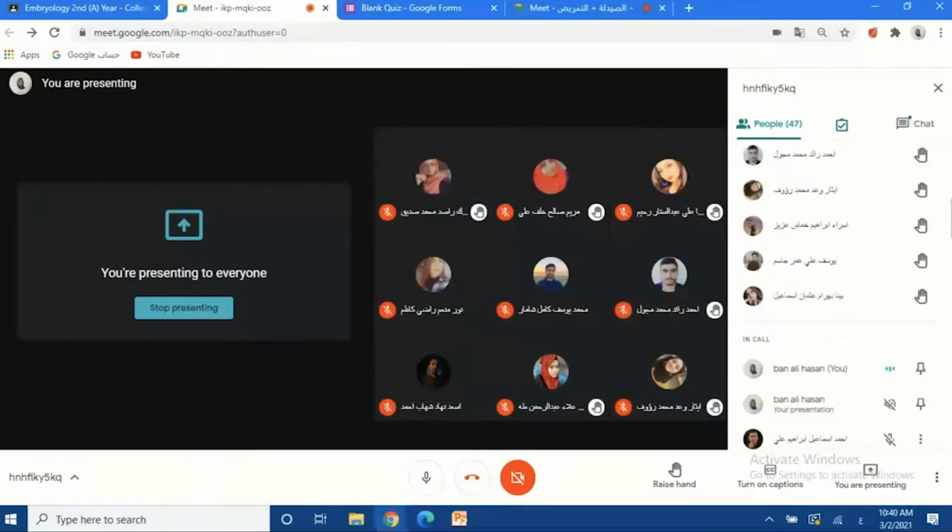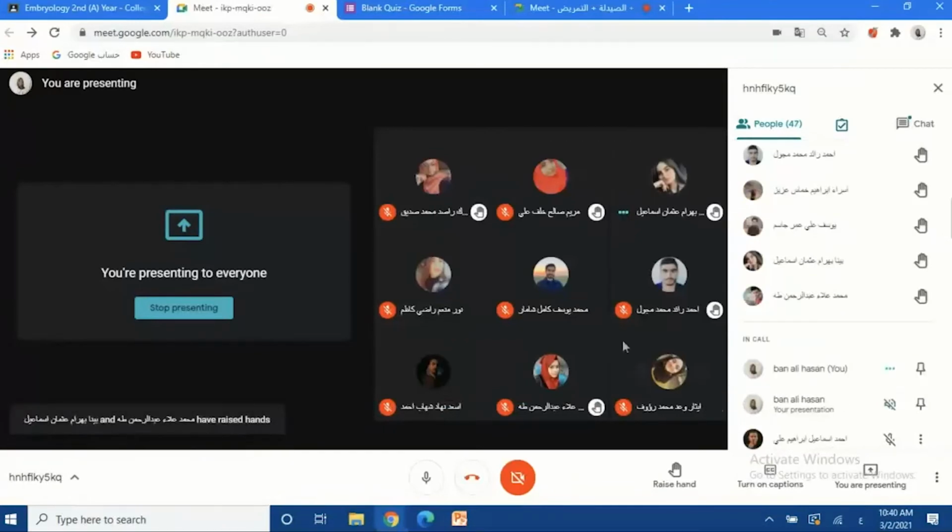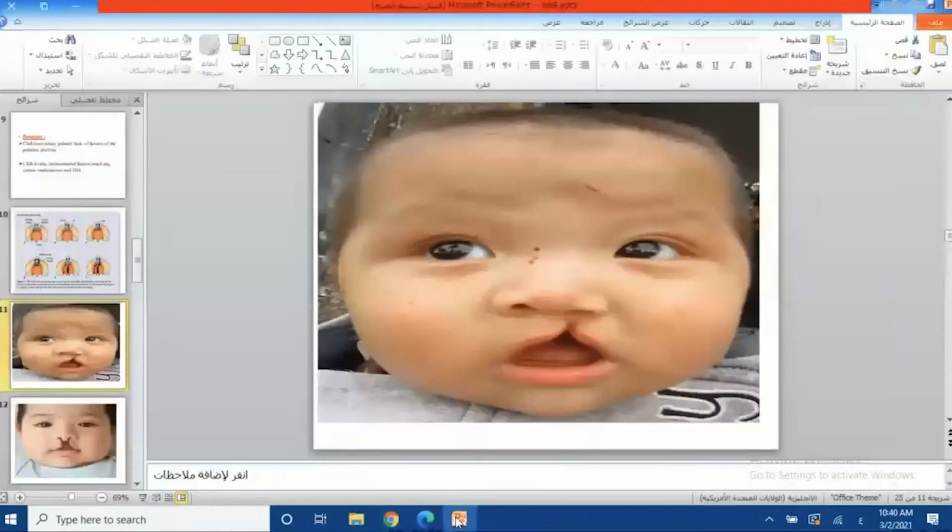Bina? Doctor, unilateral. Unilateral cleft of what? Jaw and upper lip. You can't see the jaw. How can you see it's in the jaw? No, it's just from the upper lip. Yes, thank you. Because we couldn't see if there is an extension to the jaw or not.